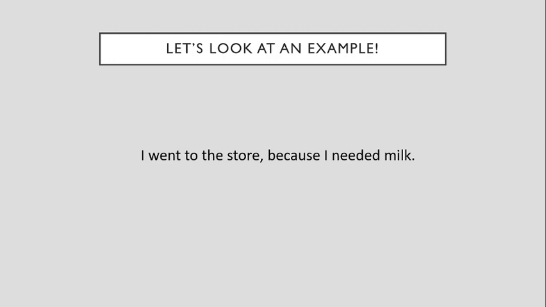This example has two main clauses or sections. Clause number one is I went to the store. Now, if you took this clause and you made its own standalone sentence, it would still make sense. If an individual came to you and said, I went to the store, you know what happened. You know what they are talking about. Because of that, this is an independent clause.